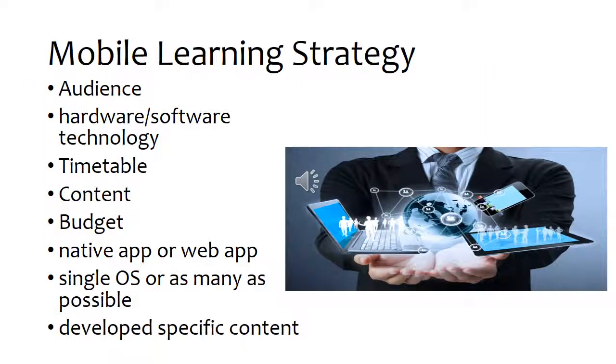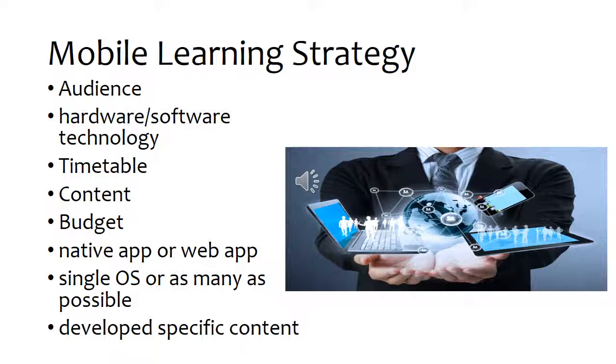So, in creating a mobile learning program, you must have a strategy. You must, as always, understand who your audience is and what type of hardware and software technology is available with the audience and in the environment, have a definite project plan, and ensure that the content is rich enough to engage a student and can be deployed with the available technology, and what type of applications will be used to deploy the learning content.